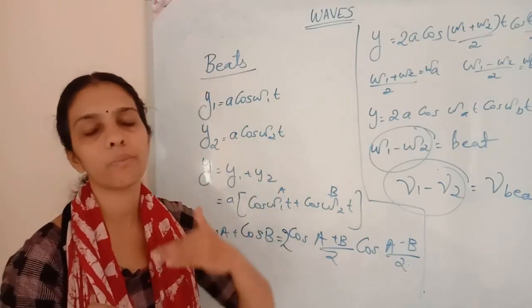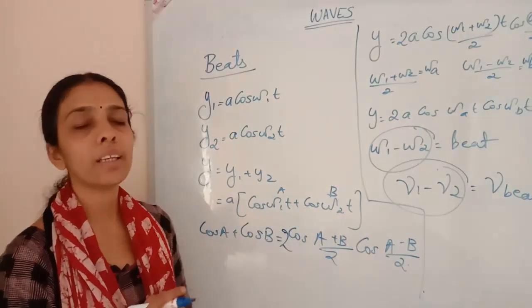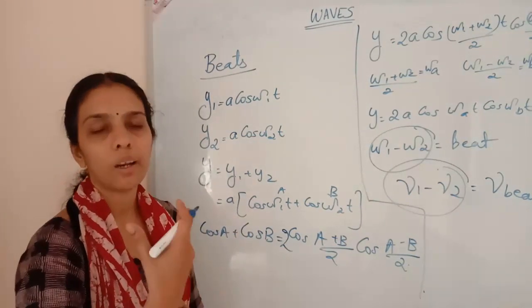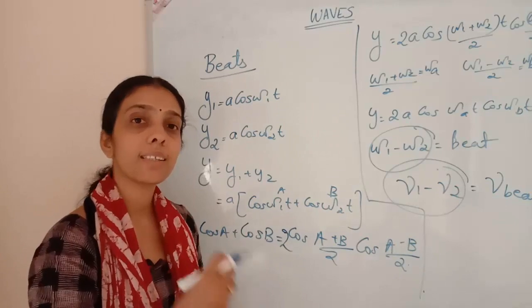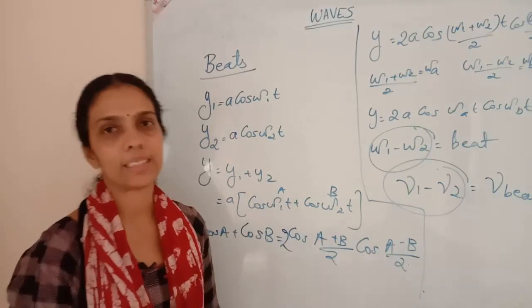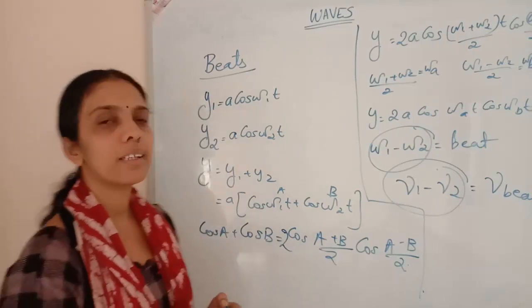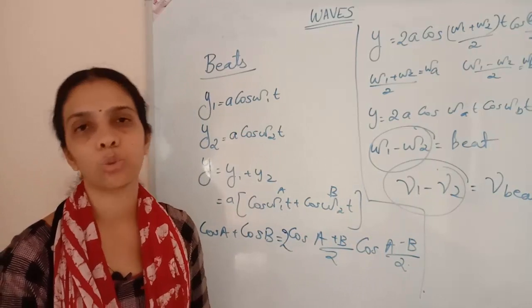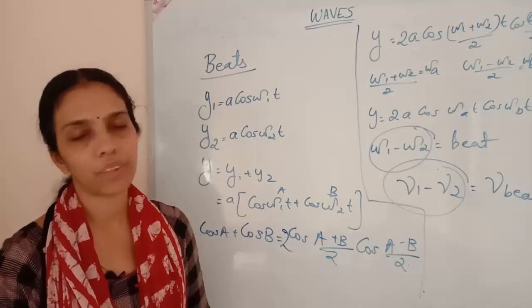Along with the tuned frequency of the superimposed wave, we get some other sounds also, which is called a beat. Clear, understood how we find the beat frequency? Nu 1 minus nu 2 is called the beat frequency.